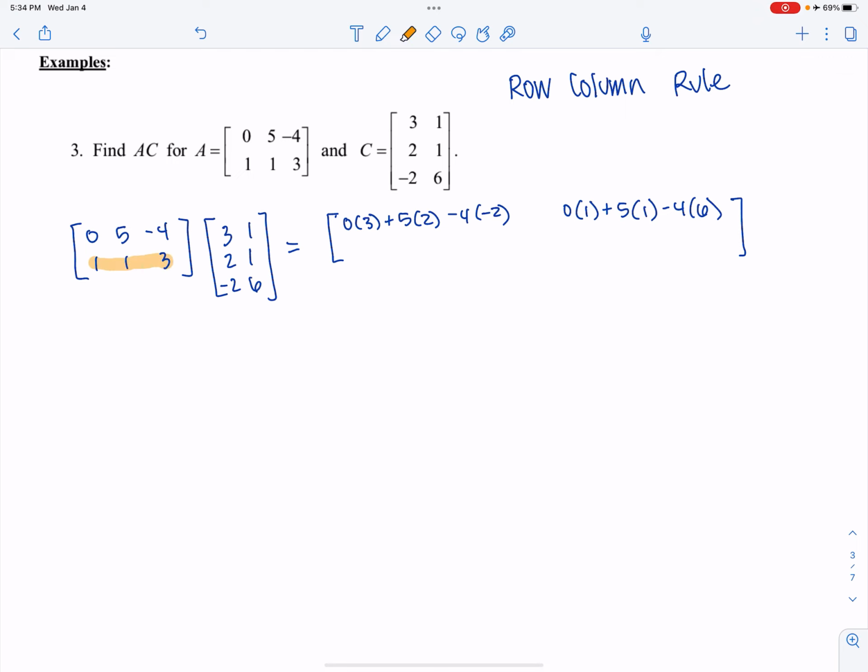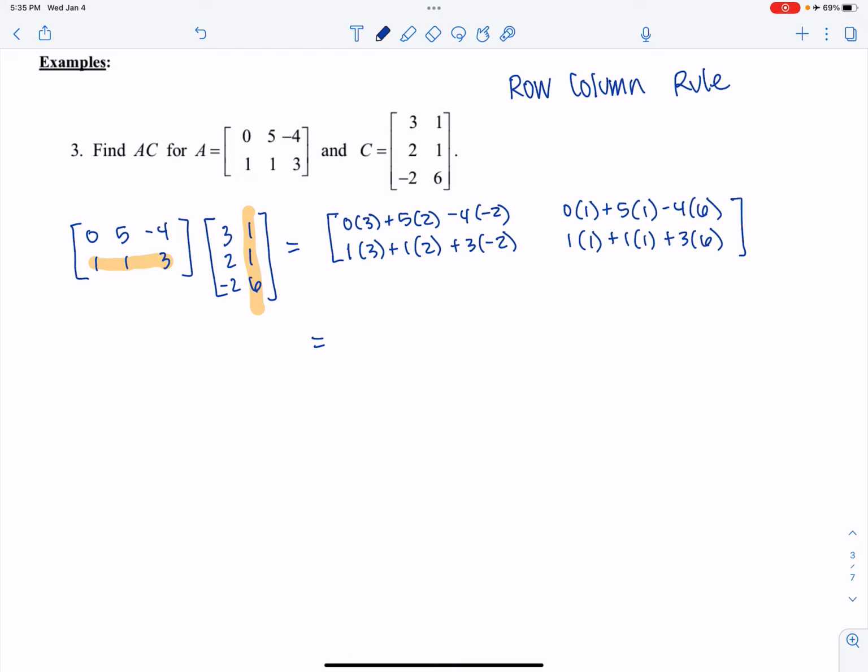Next, the second row times the first column. 1 times 3 plus 1 times 2 plus 3 times negative 2. And then row times second column. 1 times 1 plus 1 times 1 plus 3 times 6.